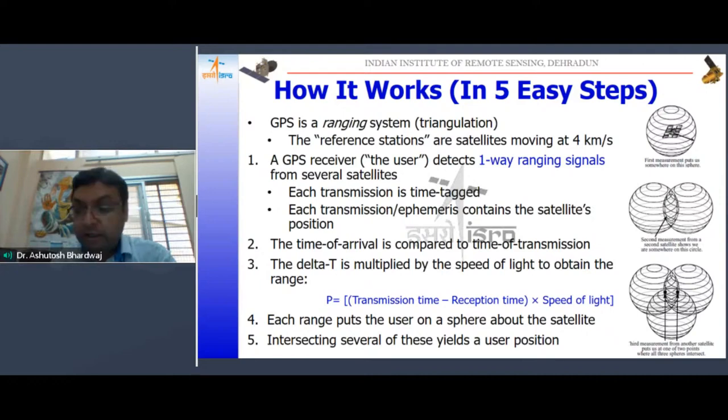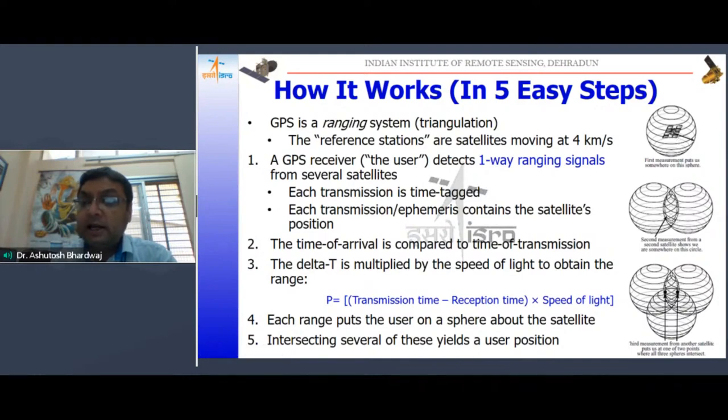So when the satellite coordinate is known through the ephemeris data, the pseudo range is computed using the receiver for the GPS or GNSS signal.